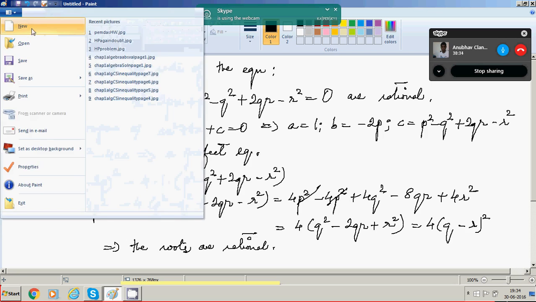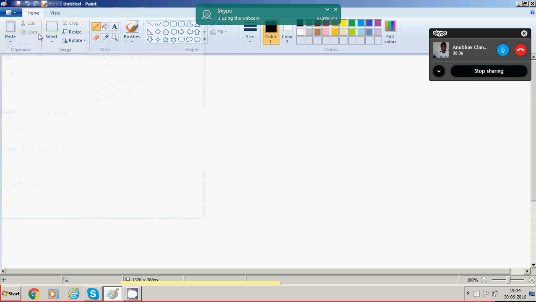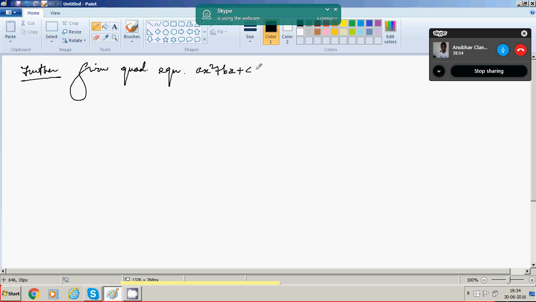Next, we develop the theory a little bit further. So given a quadratic equation ax squared plus bx plus c equal to 0, a not equal to 0, let one root alpha be alpha equal to minus b plus, over 2a.